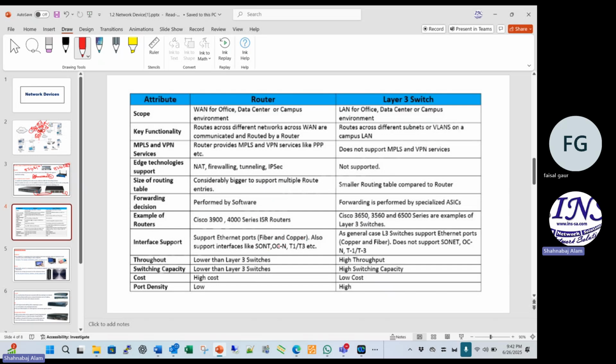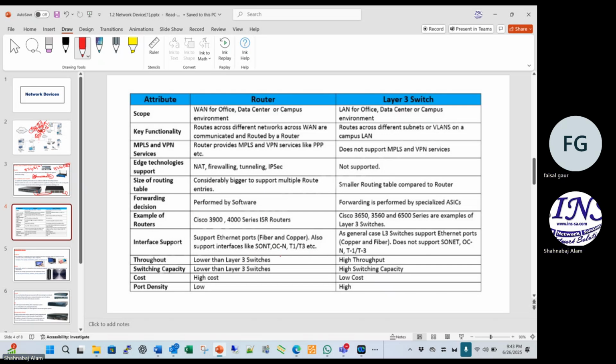In the general case, the layer 3 switch supports Ethernet ports, copper and fiber, but does not support Sonet and access interfaces.